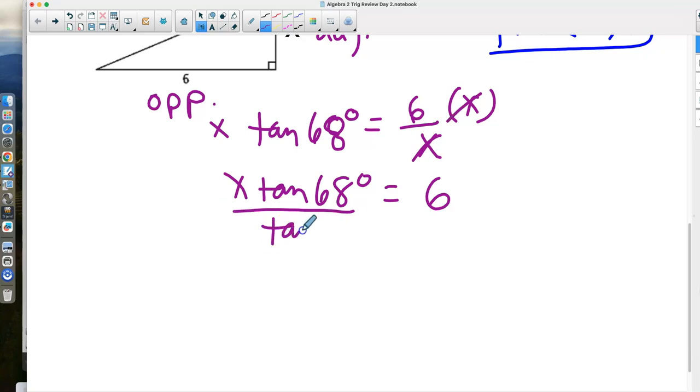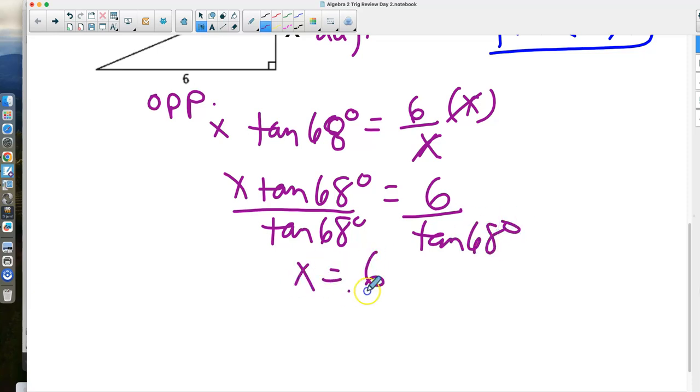Again, we have to remember it's just a number. It's stored in our calculator. So if we punch in 6 divided by the tangent of 68 degrees, let's see what it is. 2.4.